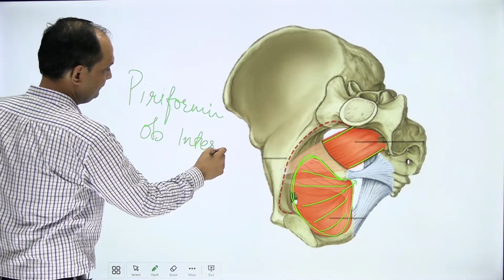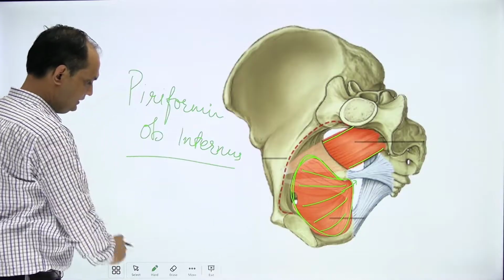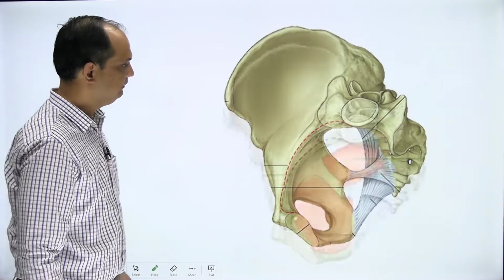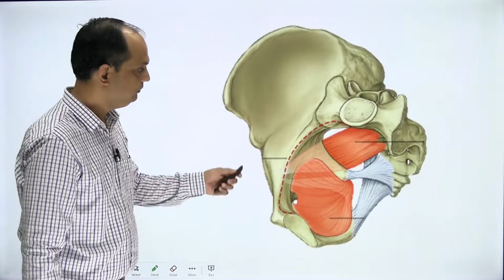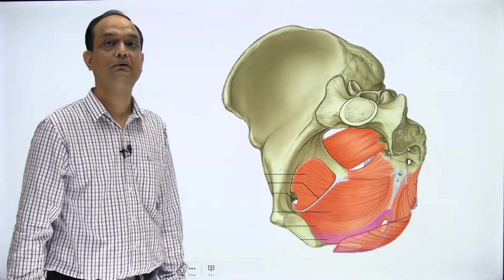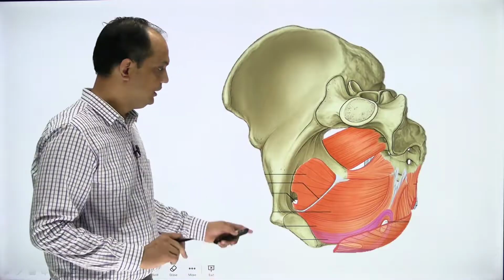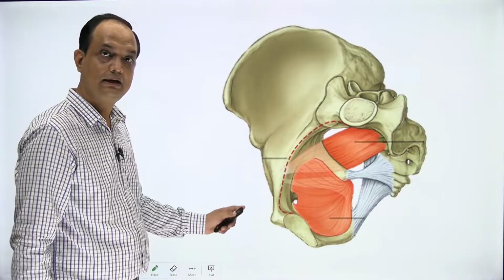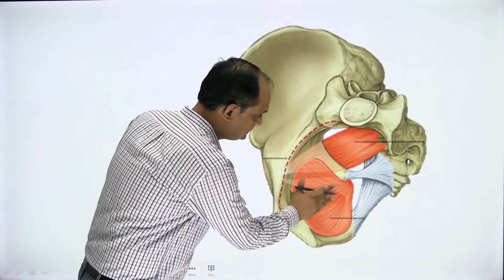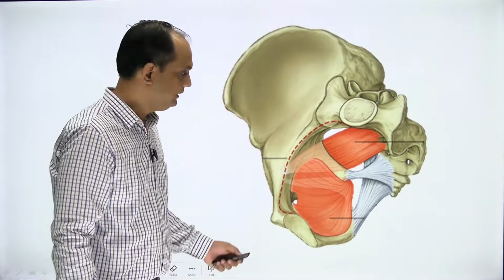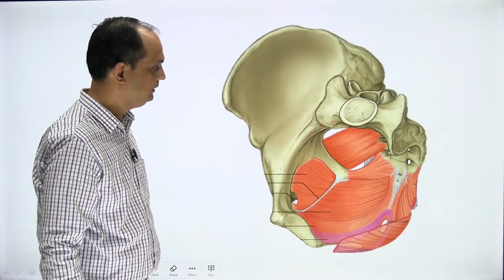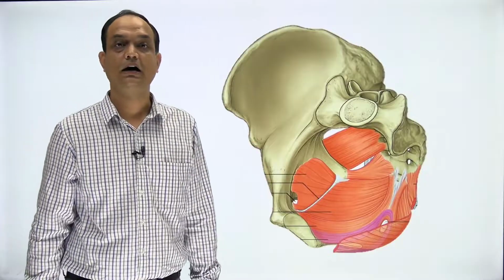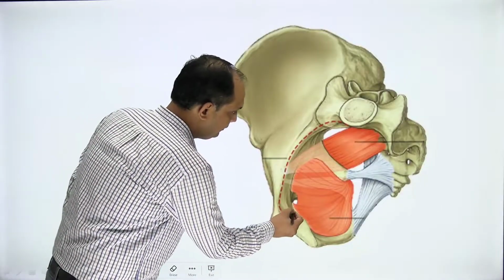Clear? Now, after that, if you see the further arrangement of the structures, these are your two muscles. Here you have to concentrate on two things. Right now you are able to see the inner side of the obturator internus, but in the next part you can see that on the obturator internus there is a tendinous arch.